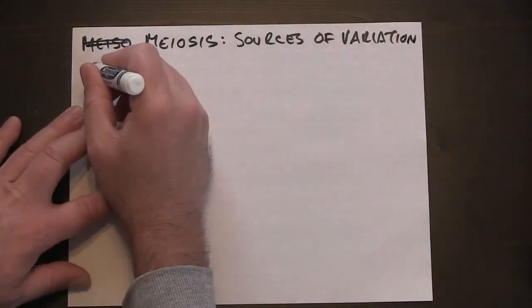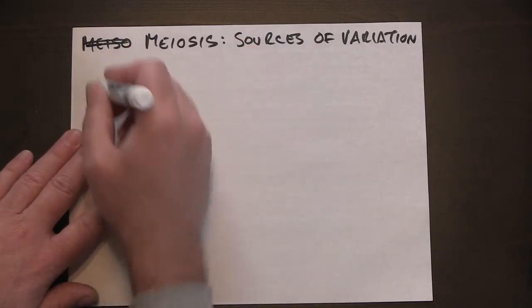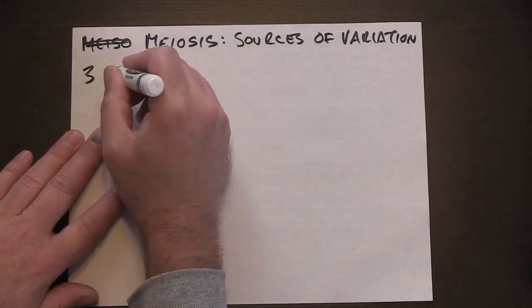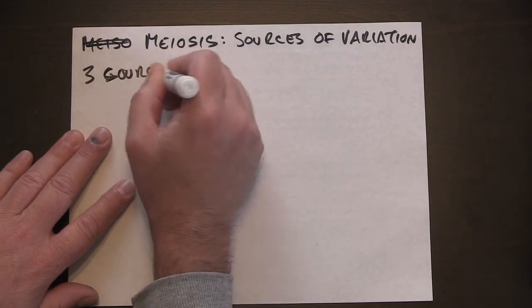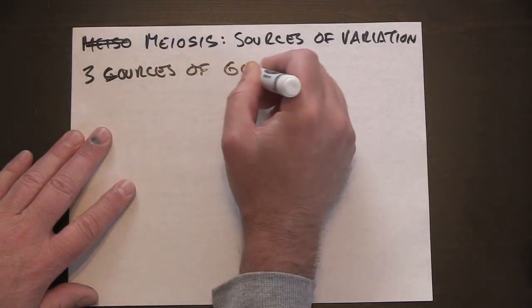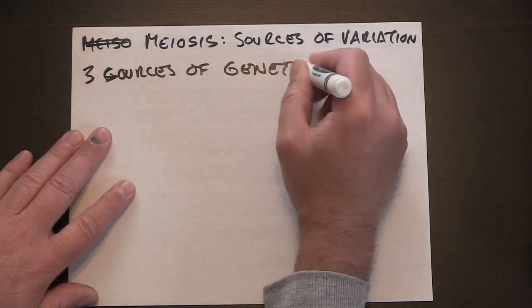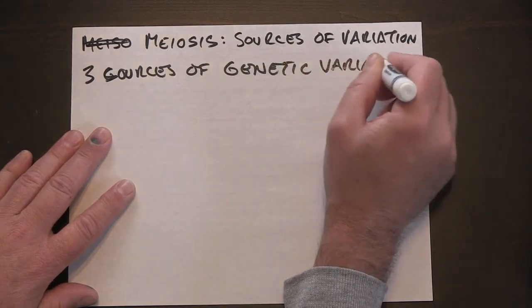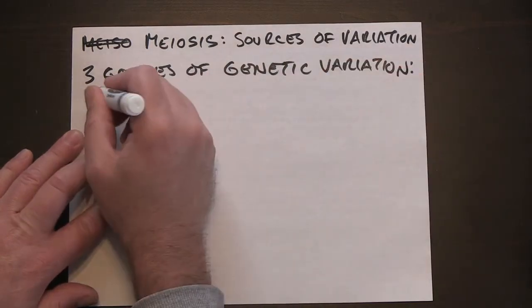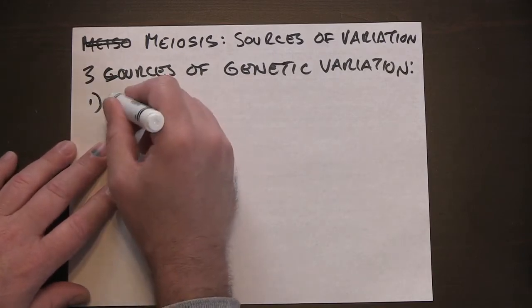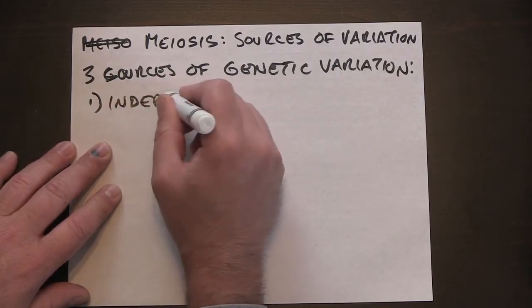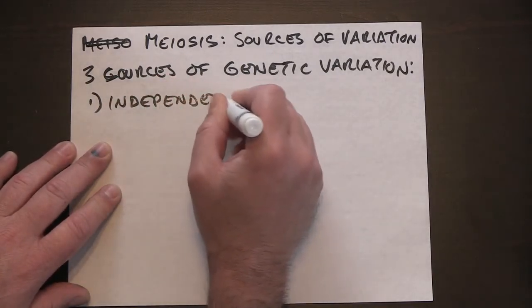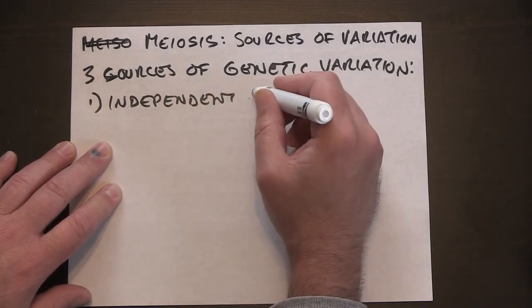And there are 3 sources of genetic variation. One is called independent orientation or independent assortment.